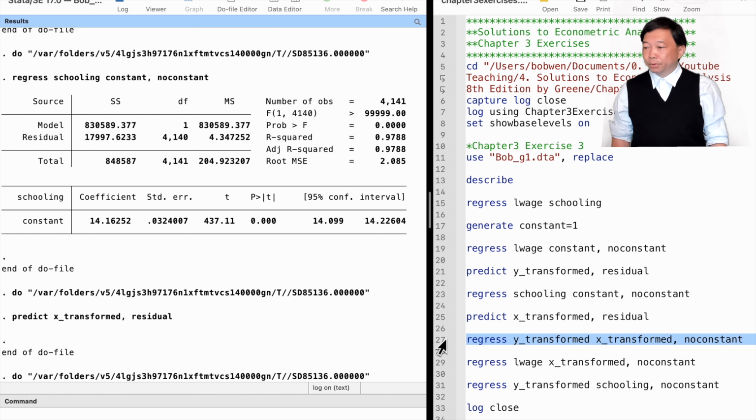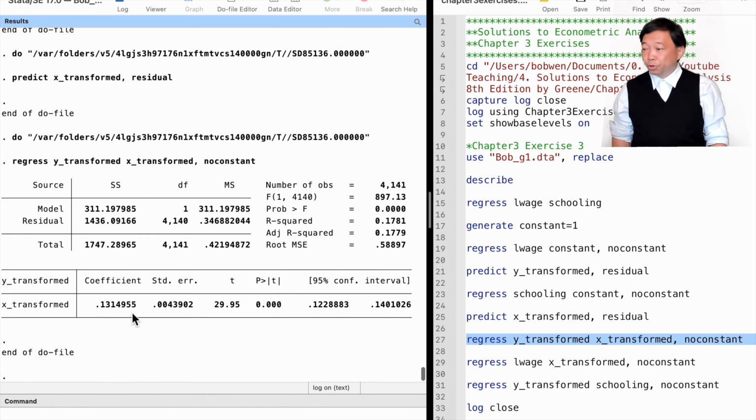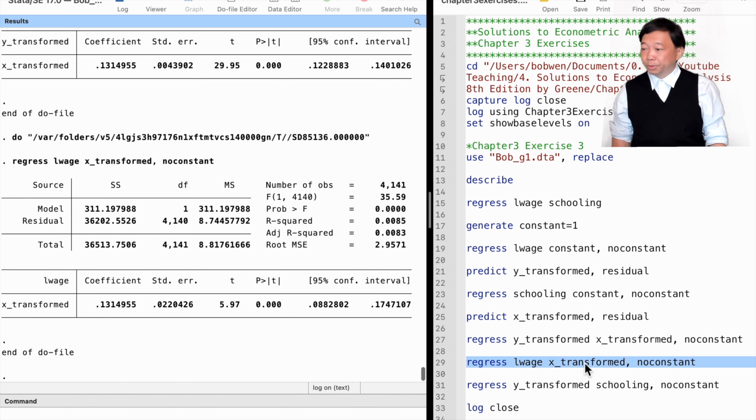If we regress the transformed y on the transformed x, we obtain the same estimate for the return to education as in the original regression model, 0.131. We can also verify that using only the transformed x gives the same result, but using only the transformed y does not.